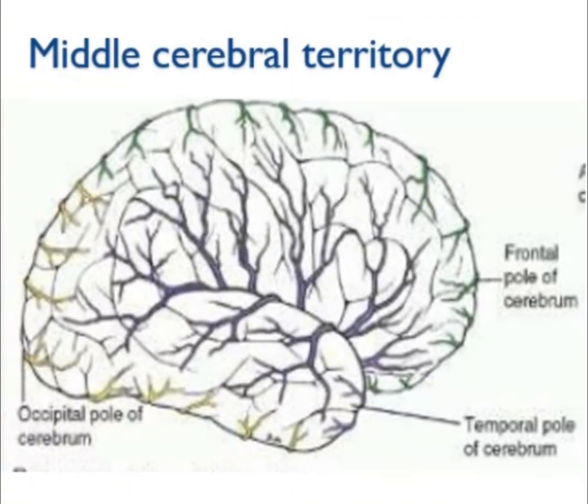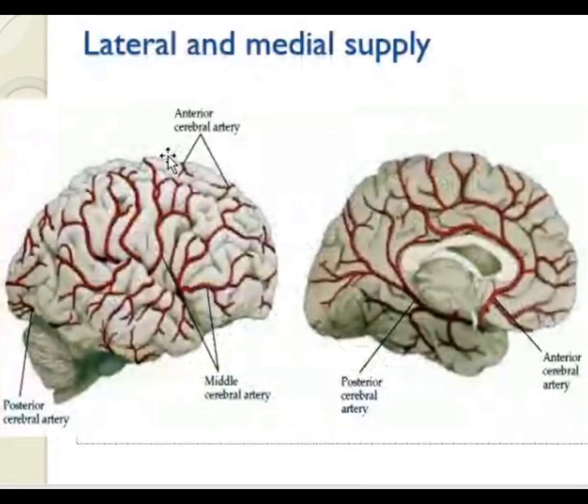So we have seen how the three cerebral arteries, the anterior cerebral artery, the posterior cerebral artery, and the middle cerebral artery, they call them cerebral arteries because they are supplying the cerebrum, and we have seen how they supply the medial and lateral surface of the cerebral hemisphere.